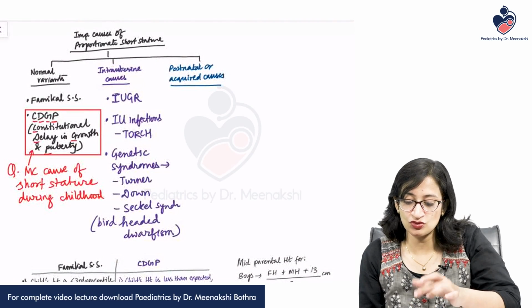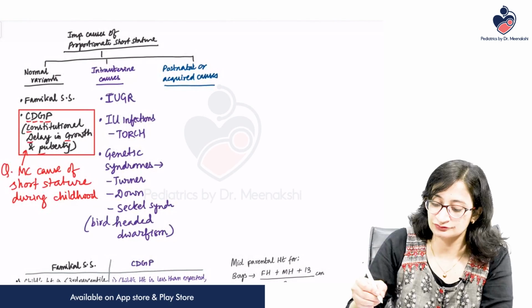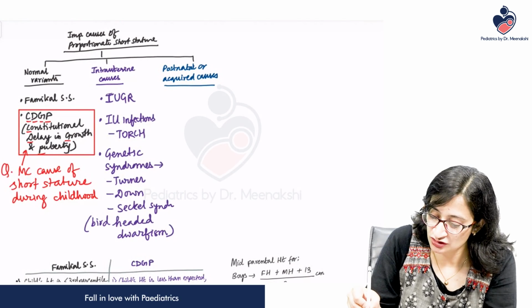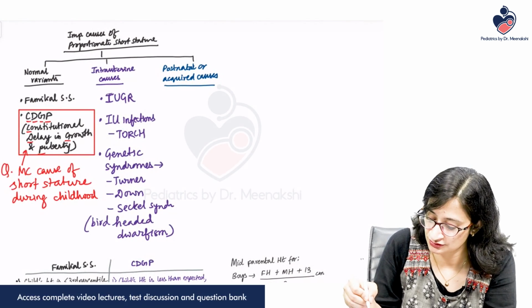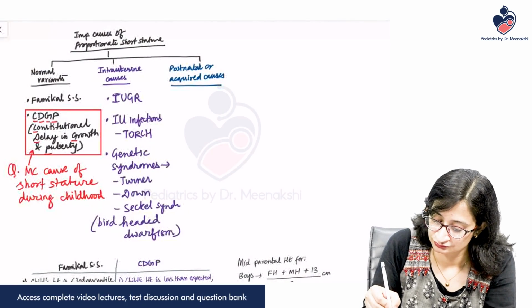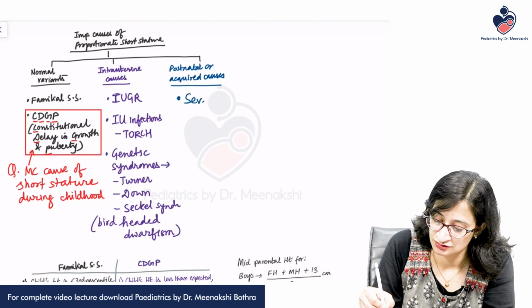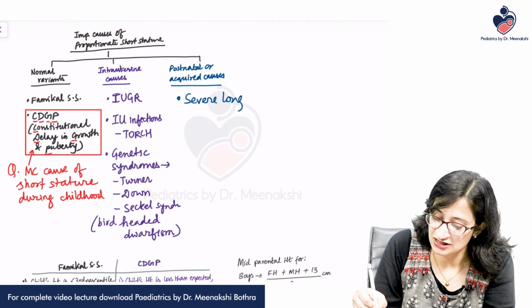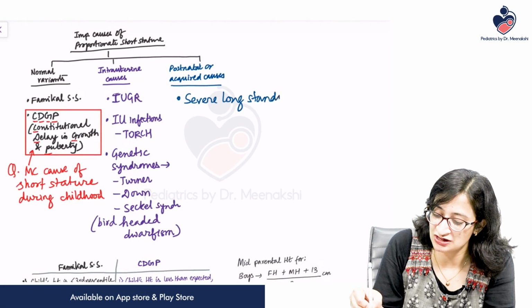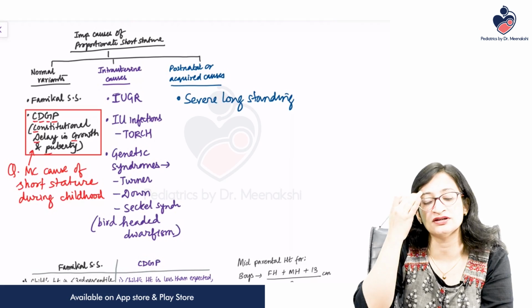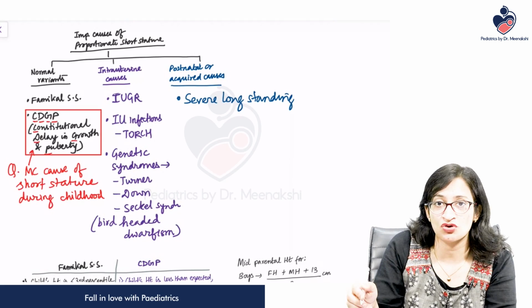Now coming to some postnatal or acquired causes. Postnatal or acquired causes include severe long-standing malnutrition. The malnutrition has to be long-standing or chronic in order to give rise to short stature.